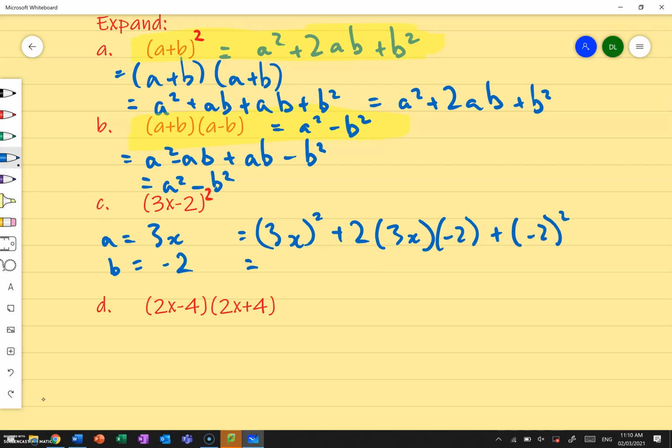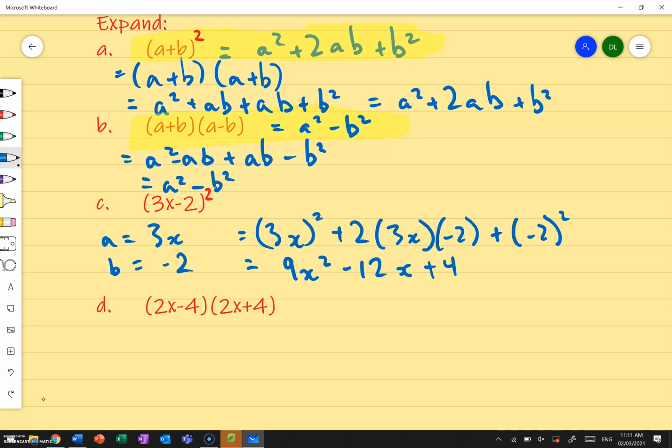I'm going to simplify that. 9x squared plus positive 2 times negative 2 times 3. I know I'm going quite quickly. Is negative 12x plus 4. And that's going to be our expanded version. So that's what I've used. I've used the formula.